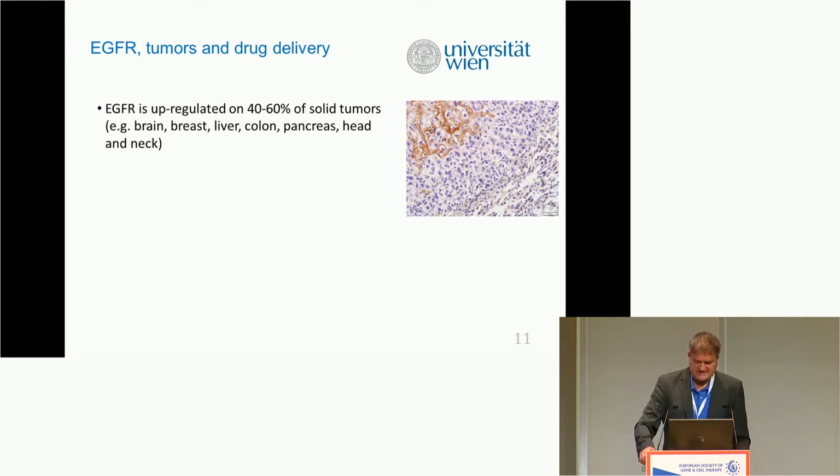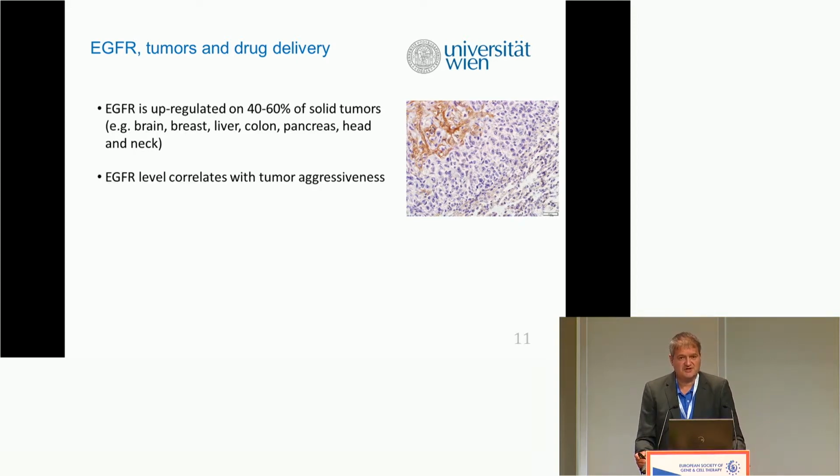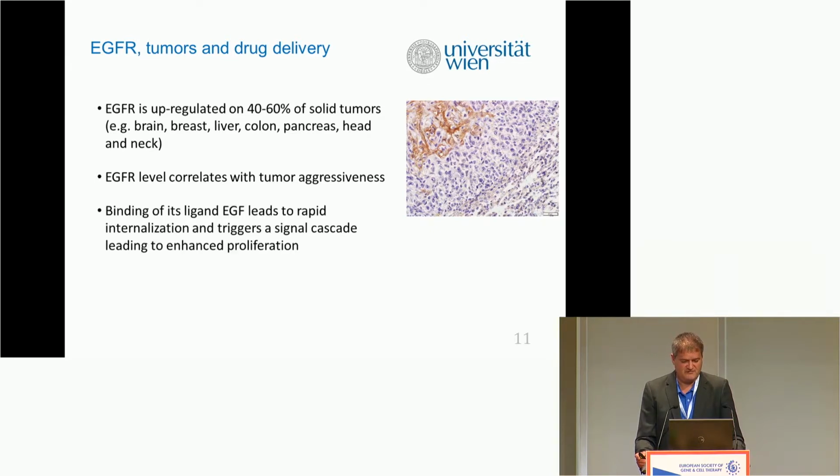I will bring one example as a potential pitfall, something that you should take care of: the epidermal growth factor receptor, EGFR. You find it upregulated on a broad range of tumors, so it would be a very good target for tumor-selective delivery of your transgene.